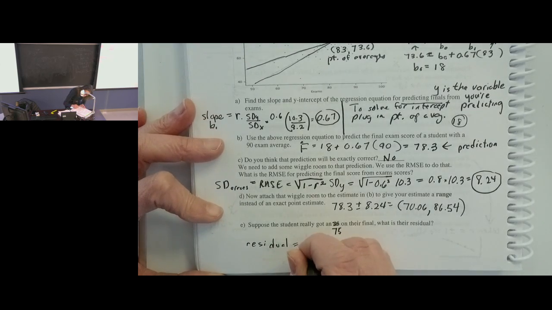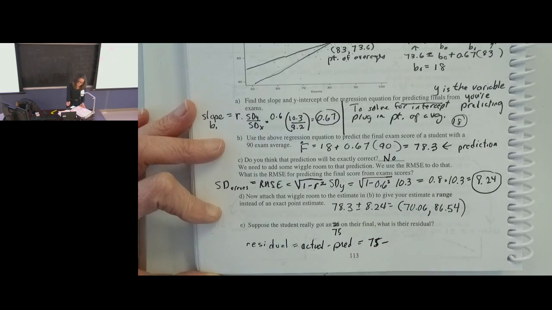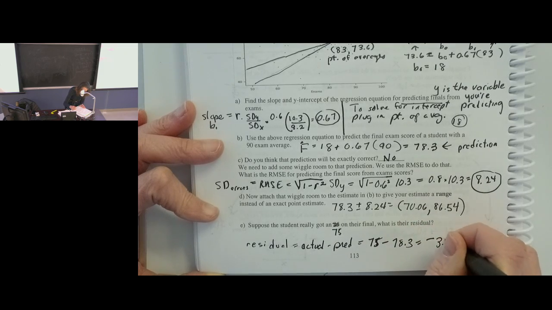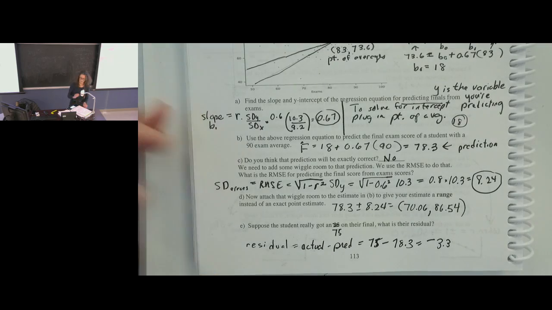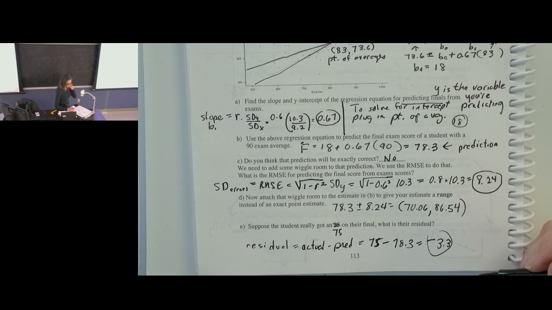So that's the actual, which is equal to 75 minus the predicted, 78.3. So this person is negative 3.3. That's the residual. And the typical residual is about 8.24, so it's a pretty good estimate for this person.